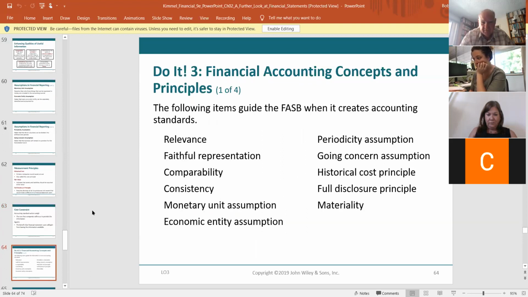Oh, these are horrible. The following items guide. Okay, well, what you see here are called some of the rules of GAAP, relevance, faithful representation. I don't think you need to study these in great detail, but read through them so that they at least make sense at the time you're studying.